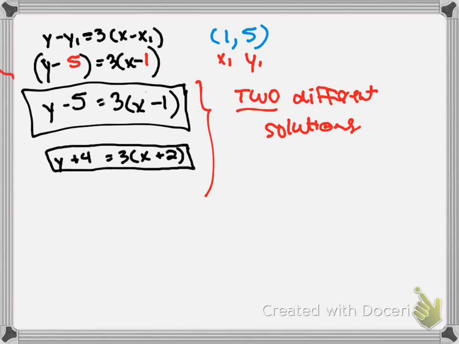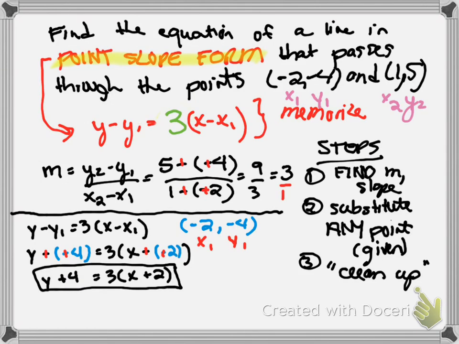And technically, you could argue, linear equations have an infinite number of points, so there are an infinite number of ways that you could correctly express the equation of a line in point-slope form.